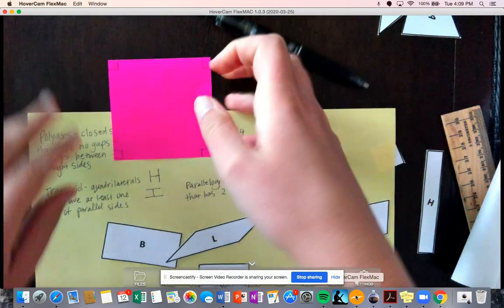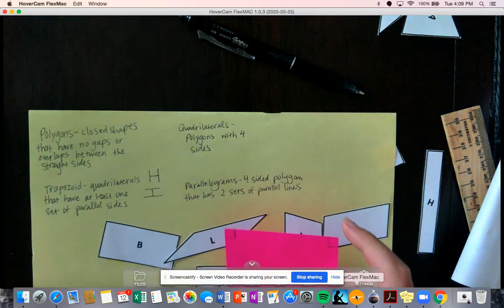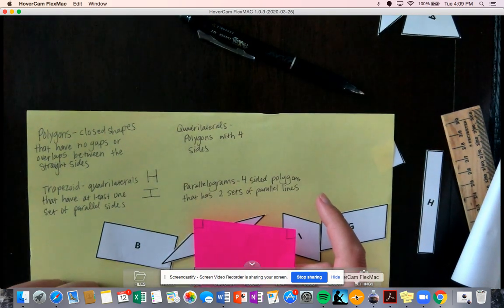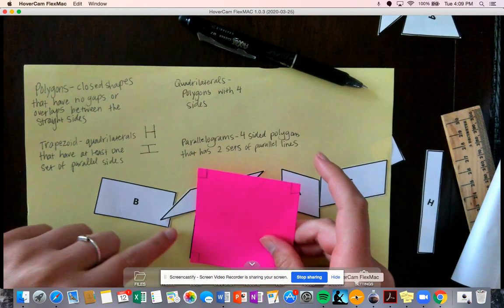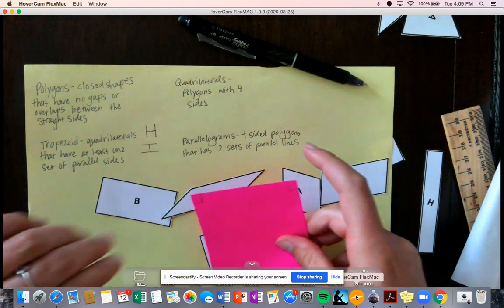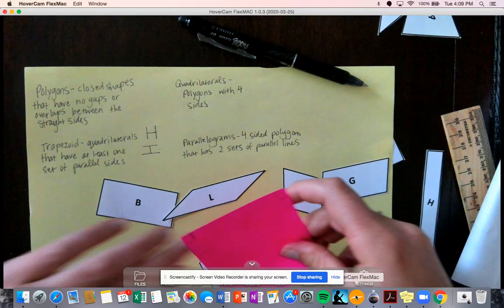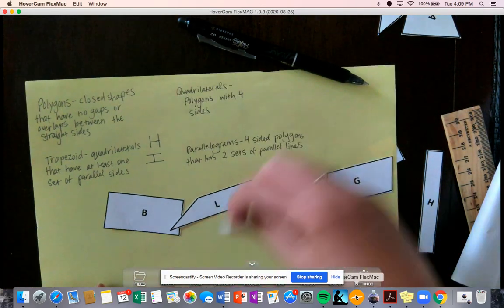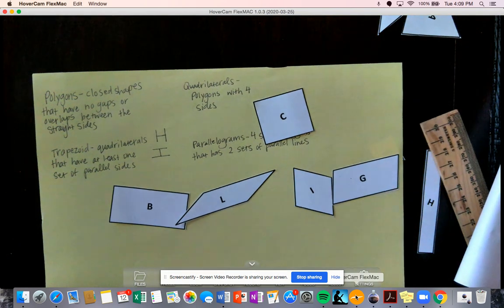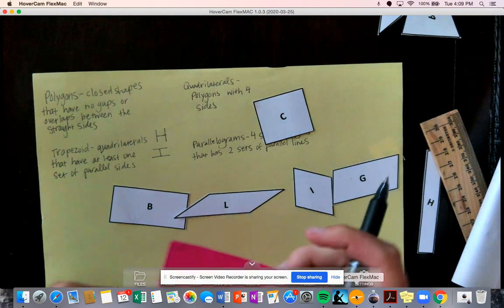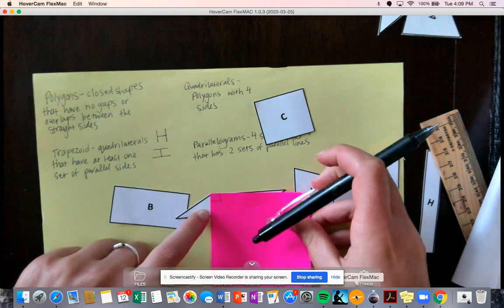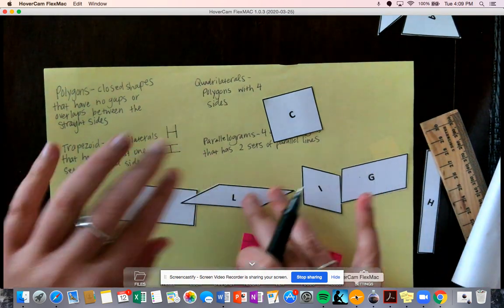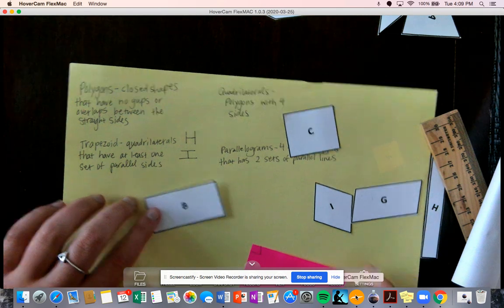Okay, so let's look at C. So this one matches, and this one, and this one, and this one. So C has 4 right angles. L, if I put this here, it doesn't match up. So L does not have 4 right angles.